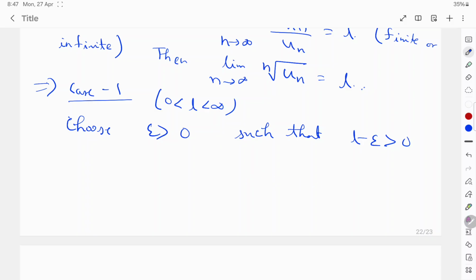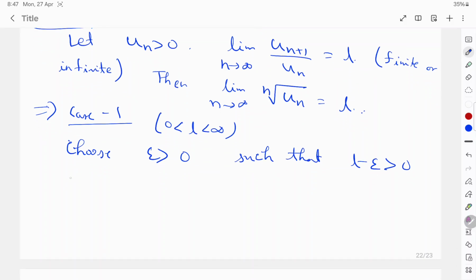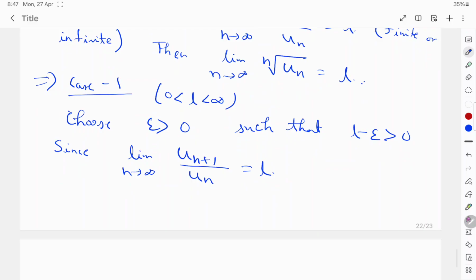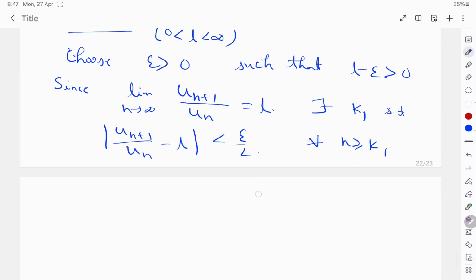So according to that, if you now break this sequence, un plus 1 by un tends to L. So since limit as n tends to infinity of un plus 1 by un is L, there exists k such that the modulus of un plus 1 by un minus L is less than epsilon by 2, for all n greater than or equal to k.